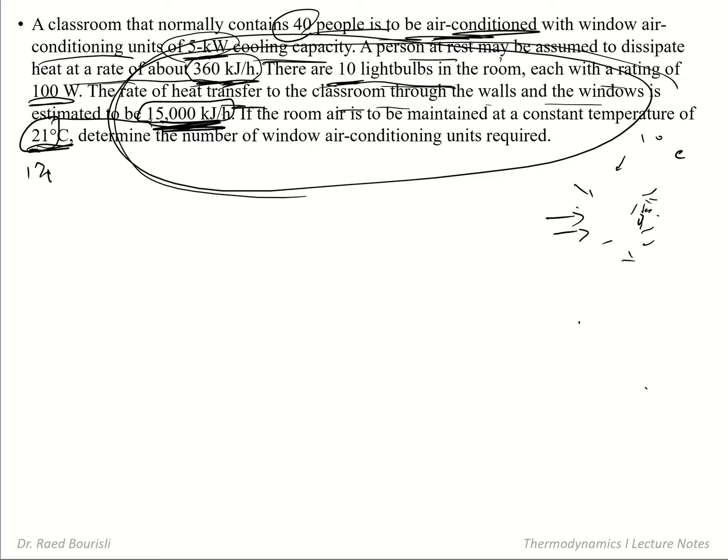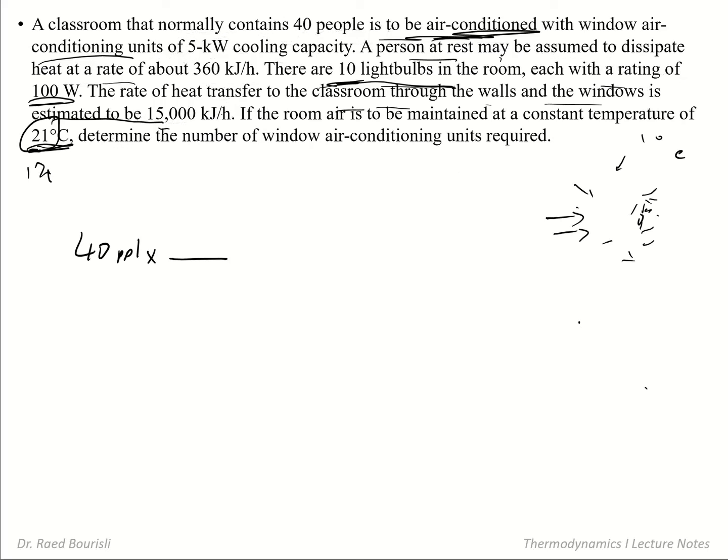So let's say the heat addition to the room: you have 40 people times 360 kilojoules per hour, and you have 1 hour, which is 3,600 seconds.